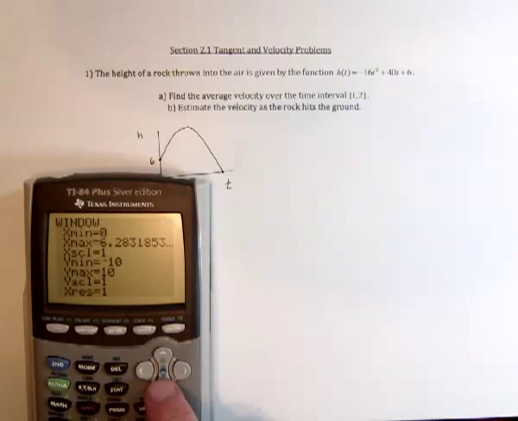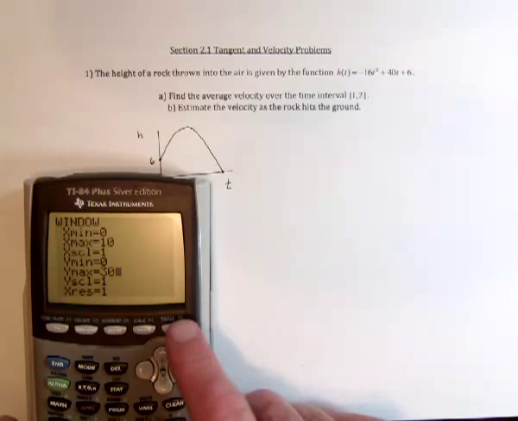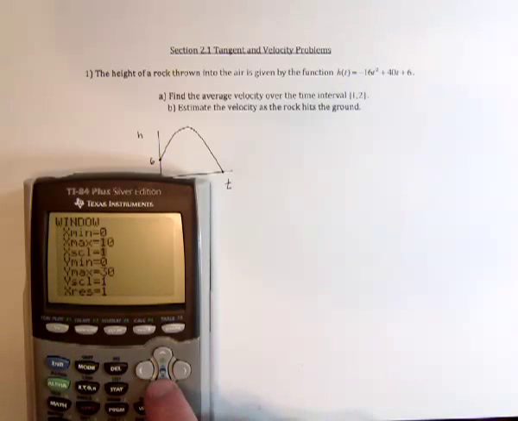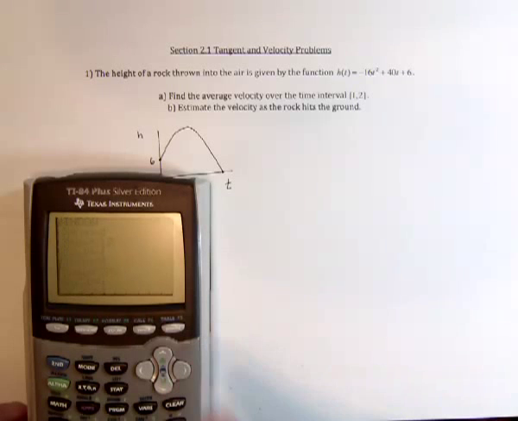And then for the window, x is time, so perhaps 0 to 10 seconds. And the y value stands for the height. Well, if it starts at 6, then maybe it's going to go up to, I'll guess, 30 feet. Well, not bad. It went a little bit higher than that. 35 feet.